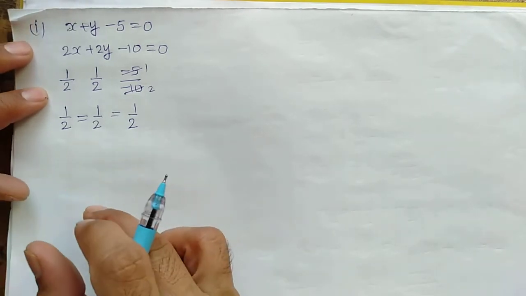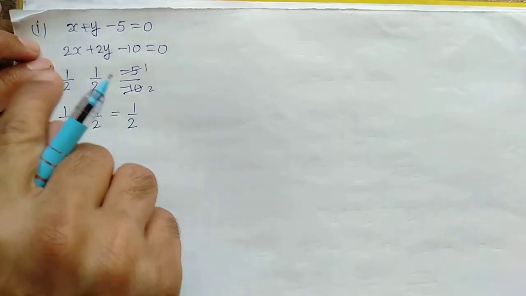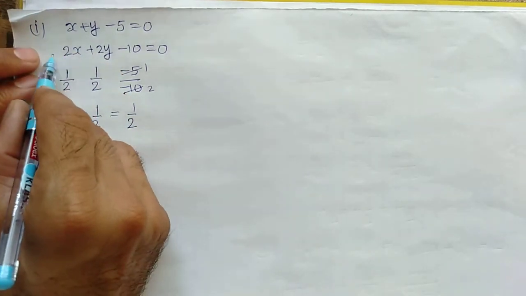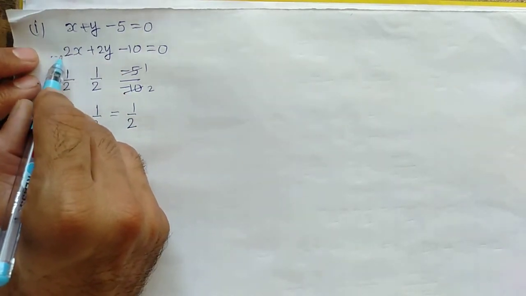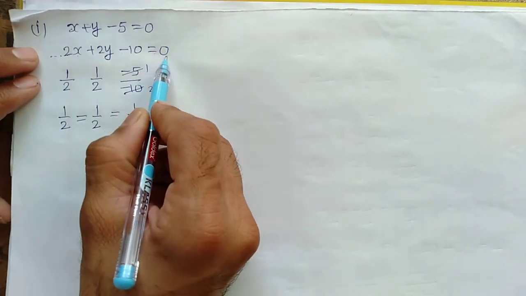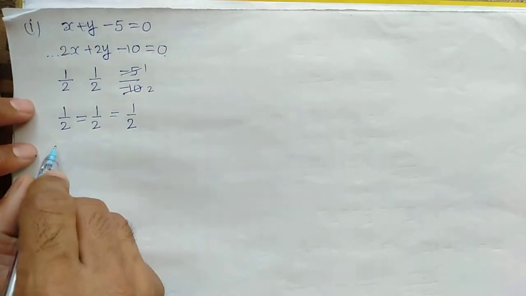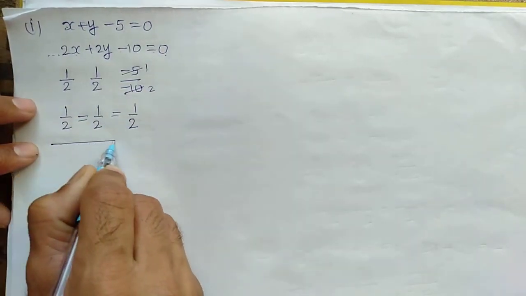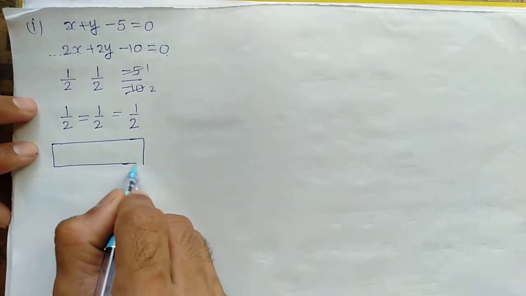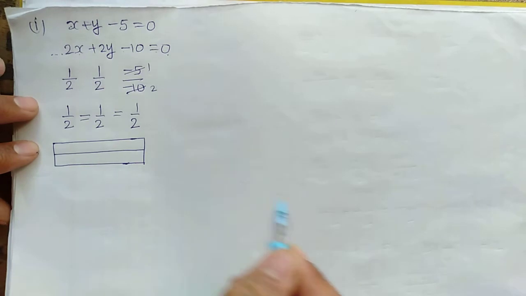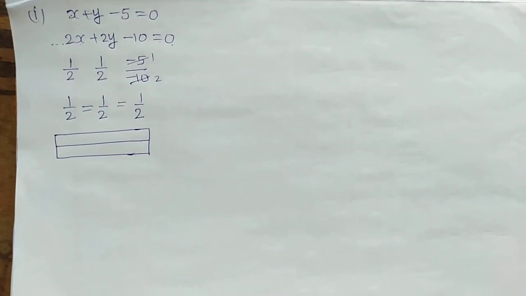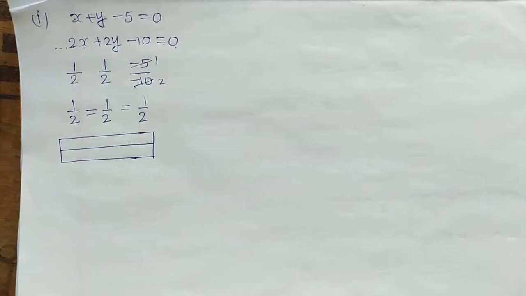When you draw a graph, a single line will come because these are the same line. See, when you take 2 common from this one, it becomes x plus y minus 5 equals 0. Right? So you can make a table of the same, and you will make only one table because these are coincident lines. Okay, coincident means overlapping type.